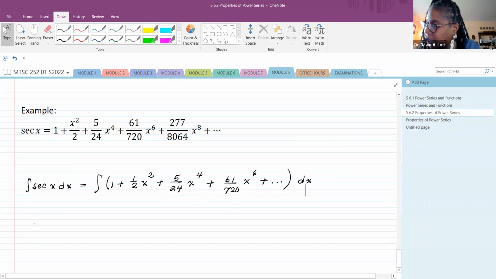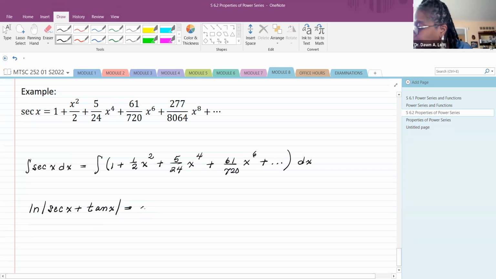On the left-hand side, I get the log of the absolute value of the secant of x plus the tangent of x. And on the right-hand side, I get its power series.